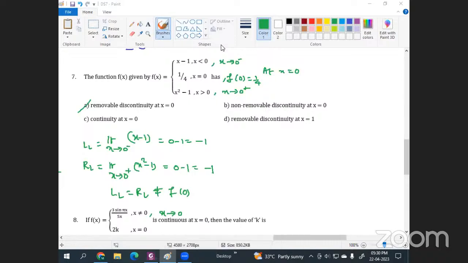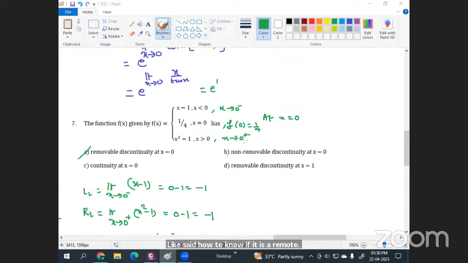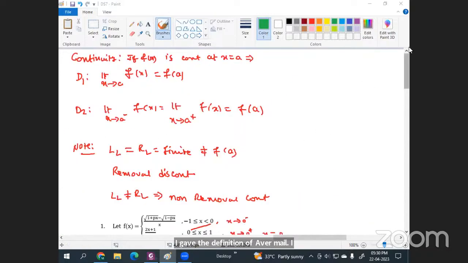Children, is it clear? Right. Sir, how to know if it is a removal? I gave the definition. Removal means: left hand limit equal to right hand limit equal to finite, which is not equal to f of a.